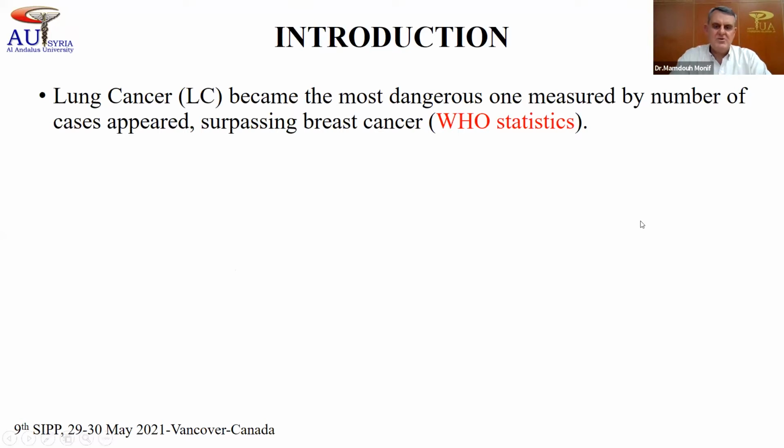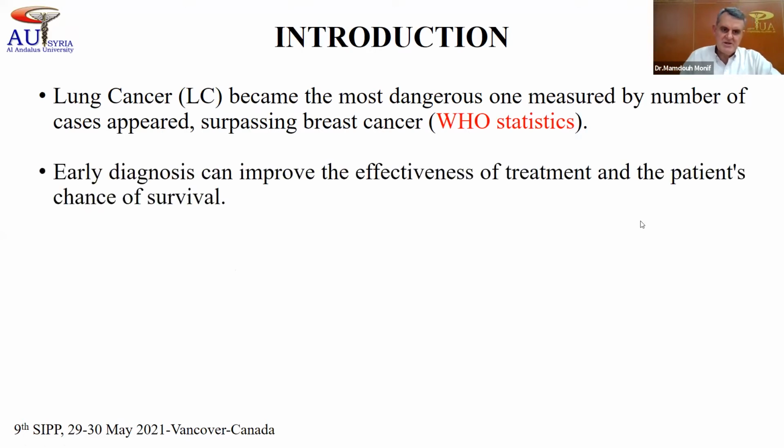Lung cancer, according to the WHO statistics in 2013, became the most dangerous disease, even surpassing breast cancer. Early diagnosis, as we know, can improve the effectiveness of treatment and the patient's chances of survival.